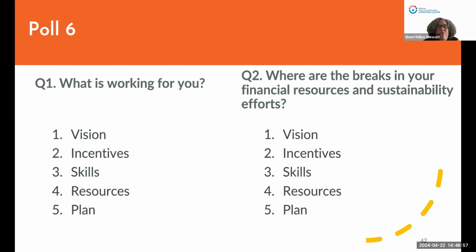And make sure you scroll down so you can see both questions in your poll. We have lots of responses coming in, and we'll share the results momentarily as everyone has a chance to respond to both of those questions.